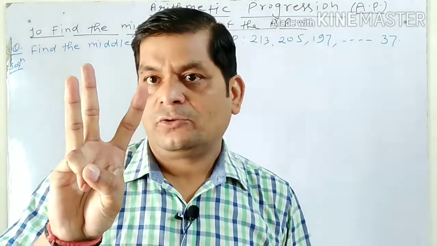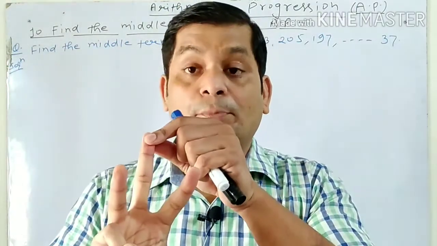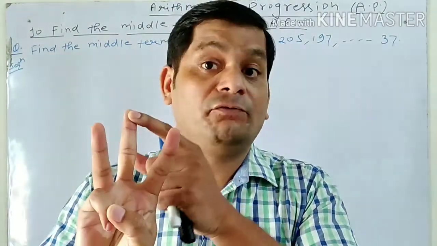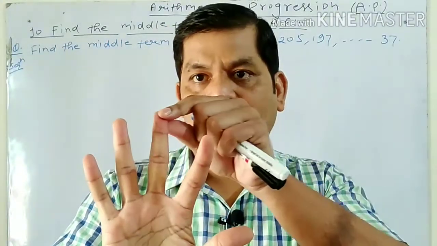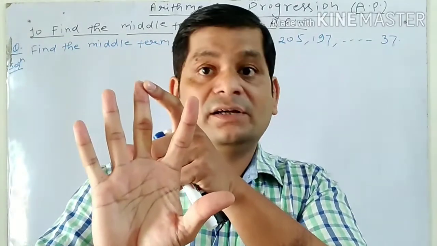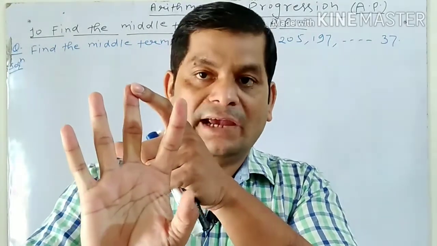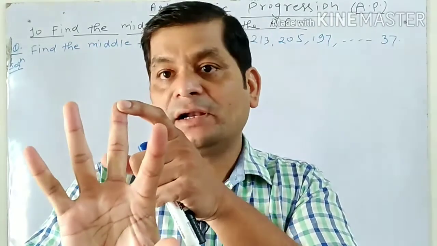Suppose there are 3 fingers. Which is the middle finger? This one, because I know there are 3 fingers. Again, if there are 5 fingers, since we know the number of fingers, we can say which is the middle finger.